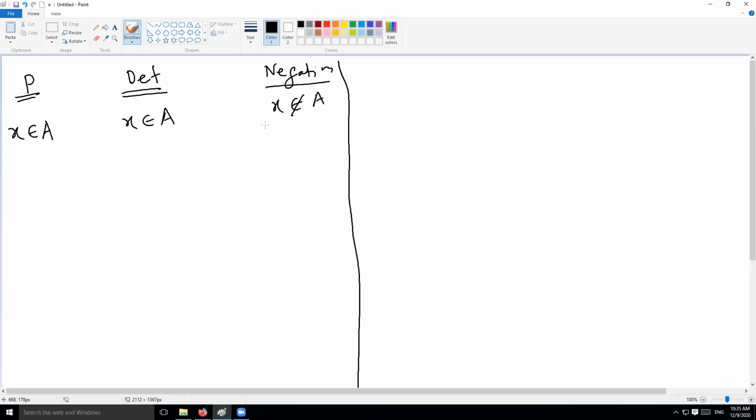Okay. Or there is another thing actually. X belongs to A complement. Okay, so the negation of X belongs to A is that X does not belong to A, but if you want to write this thing in a positive form, then X belongs to A complement actually.